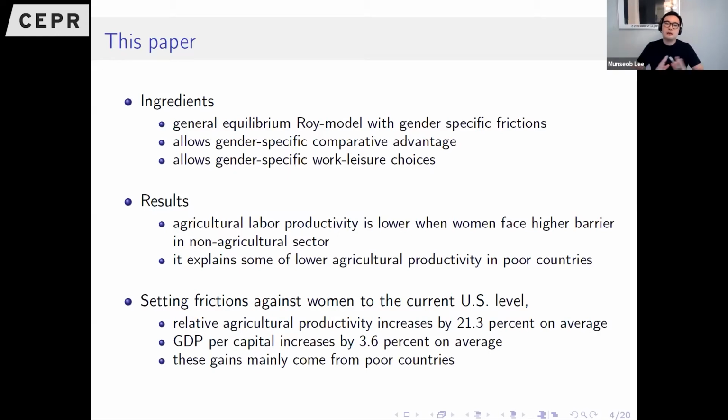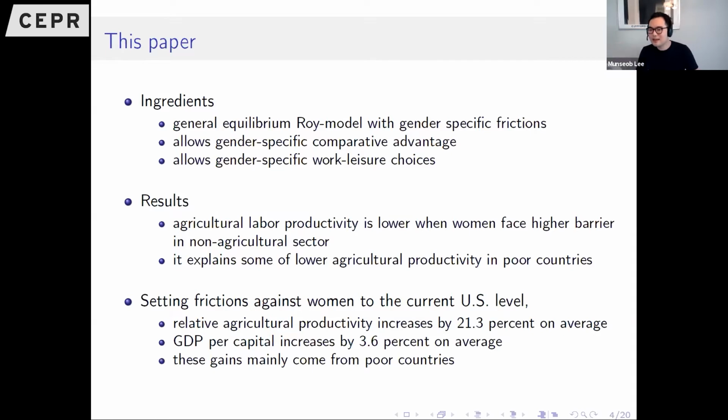Given this model, let me briefly talk about the results. I will show that agricultural labor productivity is lower when women face a higher barrier in the non-agricultural sector, due to the selection effect. Based on that, this will explain some of the lower agricultural productivity in low-income countries, I mean, the lower agricultural productivity and the higher non-agricultural productivity.